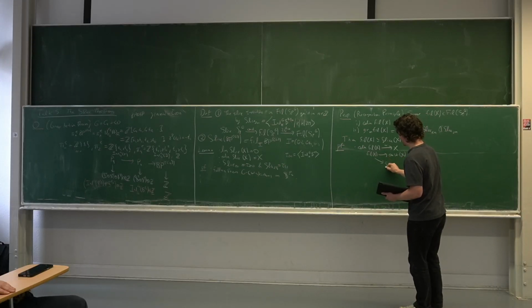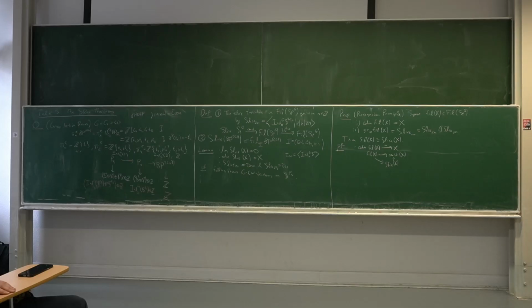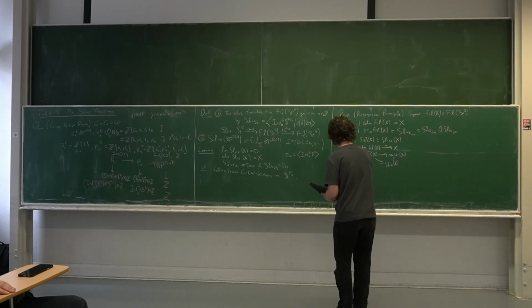So it factors through the connective cover of this, which is the definition of the slice filtration. So that produces me a map, and I need to show that that map is an equivalence now.